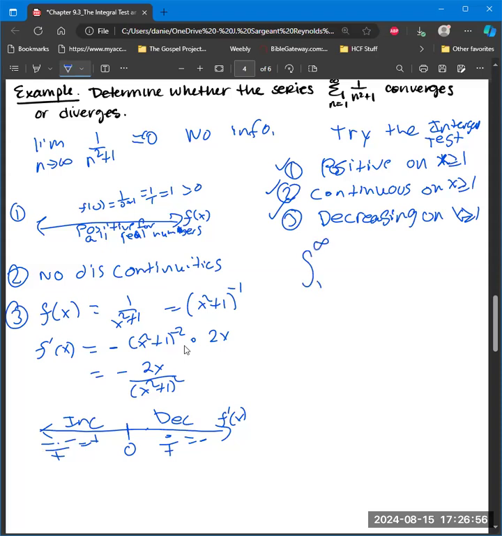Integral from 1 to infinity of 1 over x squared plus 1 dx. Limit as b goes to infinity of the integral from 1 to b of 1 over x squared plus 1 dx.